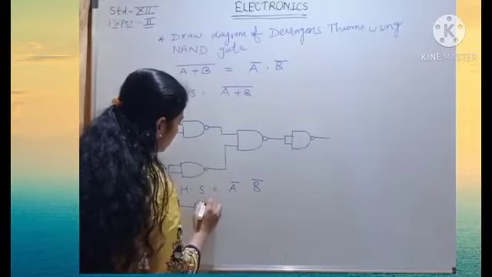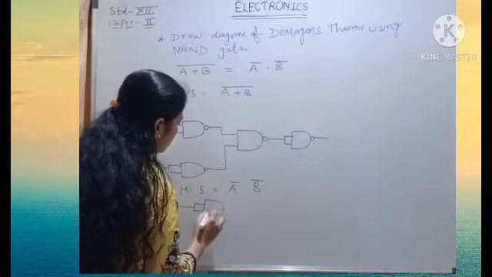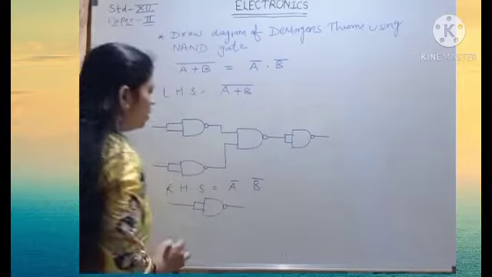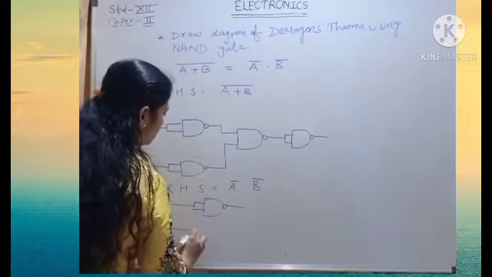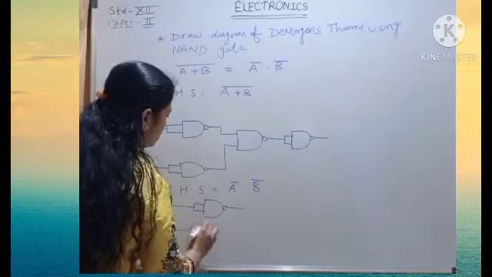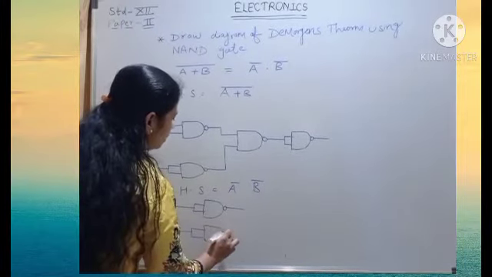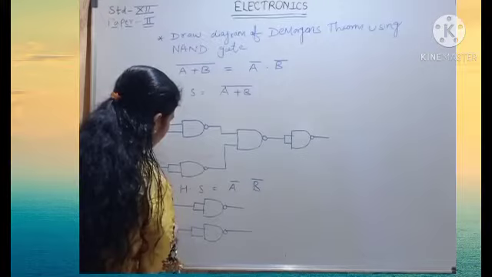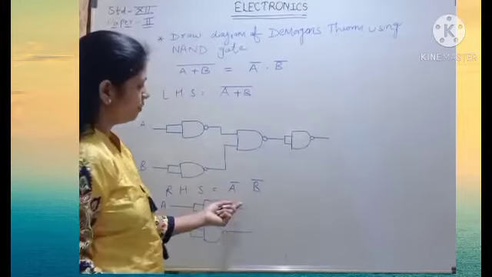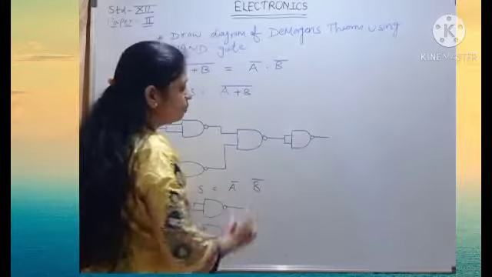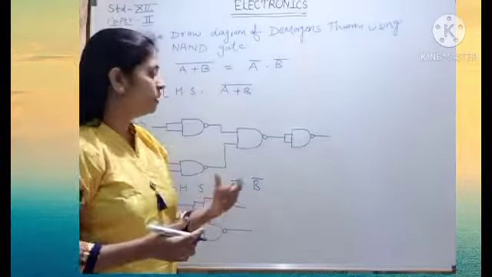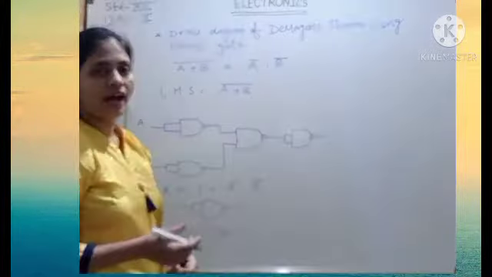So this is the NOT gate using NAND gate, and this is A. Again this is B bar. So here we got A bar, here we got B bar. Now we have to do the dot product, that is the AND gate.